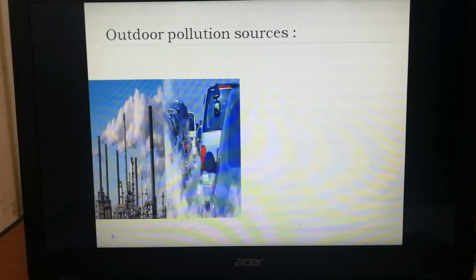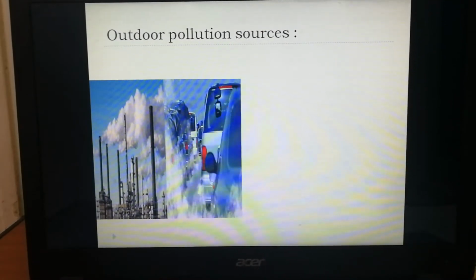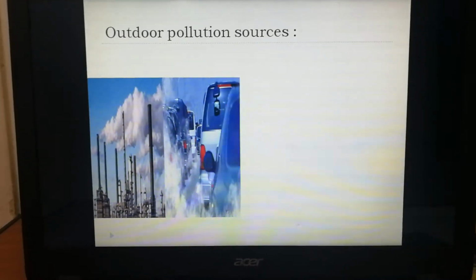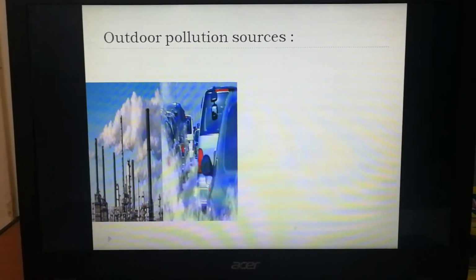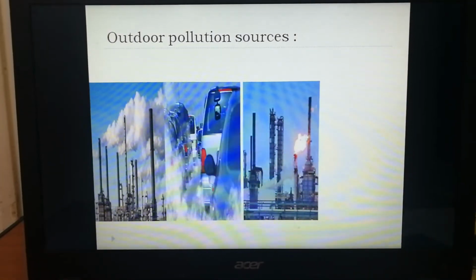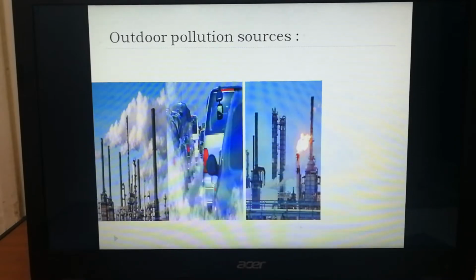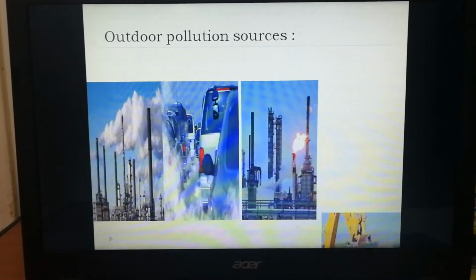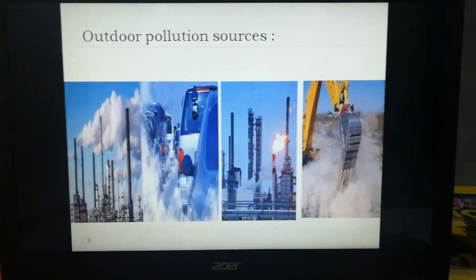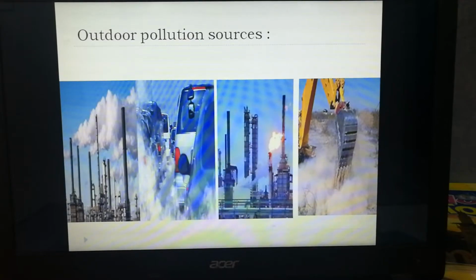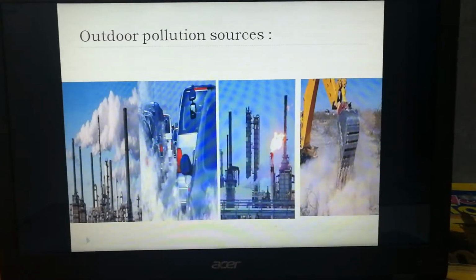Here, the vehicles, the cars, the smoke that came out of the vehicles causes air pollution. We have oil refinery factories. They also produce air pollution. Here we have construction. Also, they affect the purity of the air.